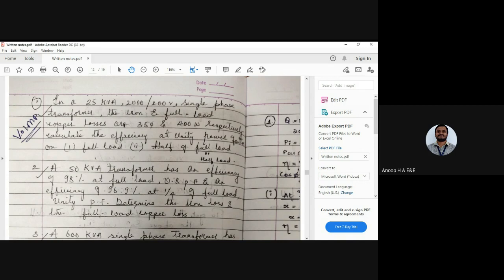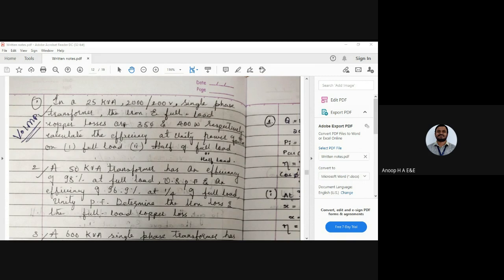Here you will be calculating the efficiency at unity power factor, that is the efficiency at full load with a power factor of 1, and a half of full load, or half load, that will also have unity power factor.